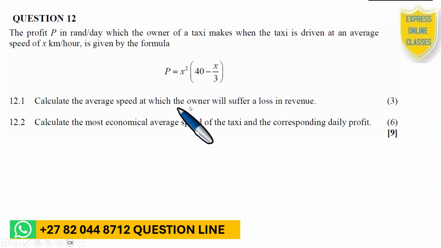Calculate the average speed at which the owner will suffer a loss in revenue. The marks are 3.